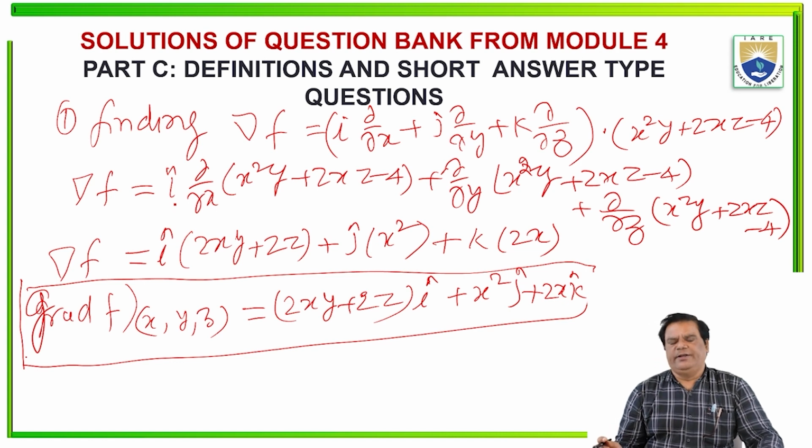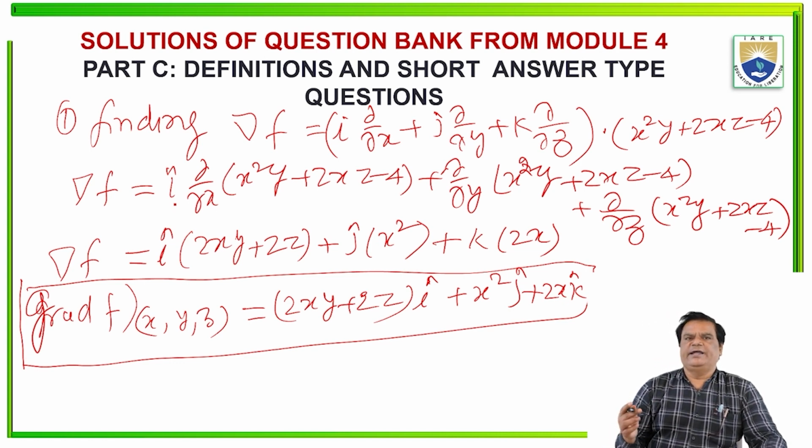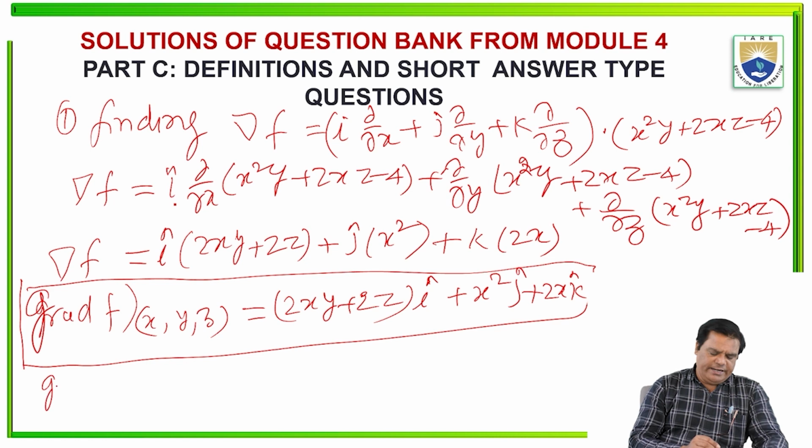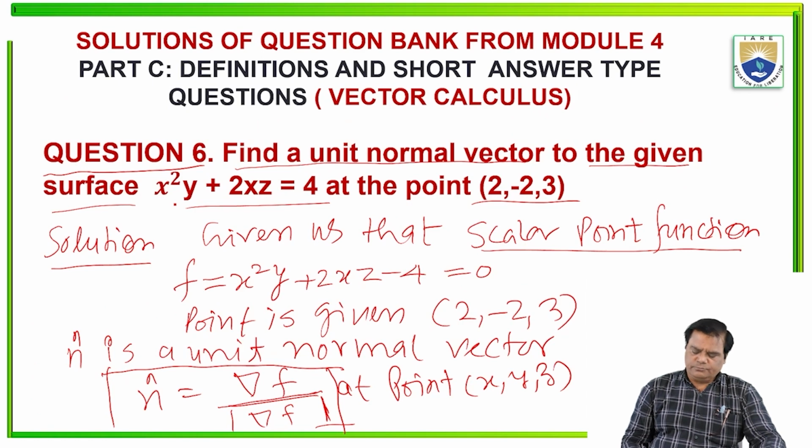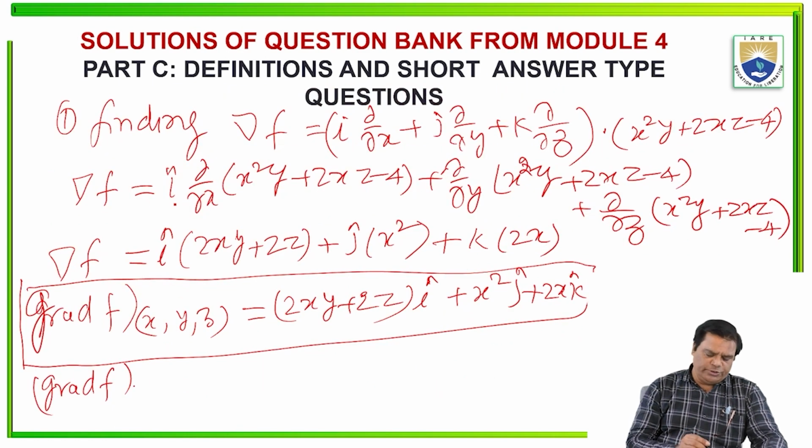Now the point is given, so we find the grad f vector at the point 2, minus 2, 3.